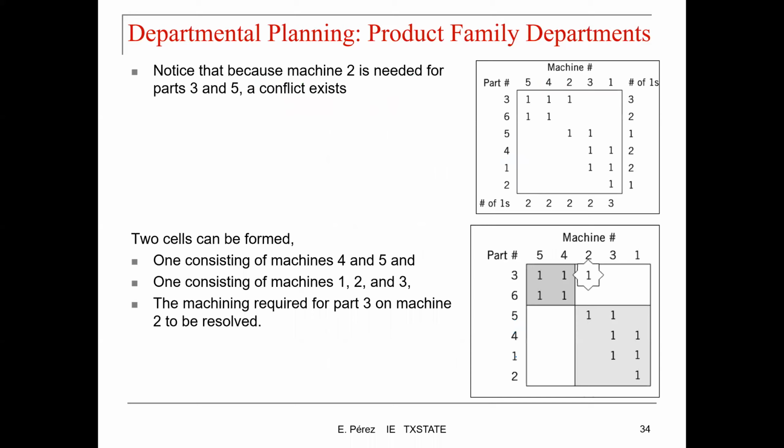So now we want to try to split this into cells. But notice that because machine 2 is needed for parts 3 and 5, there's a conflict.